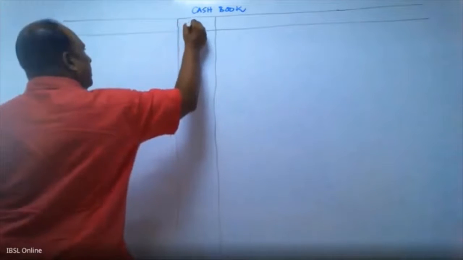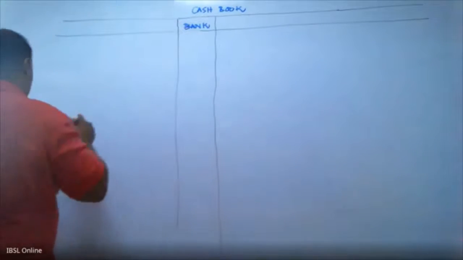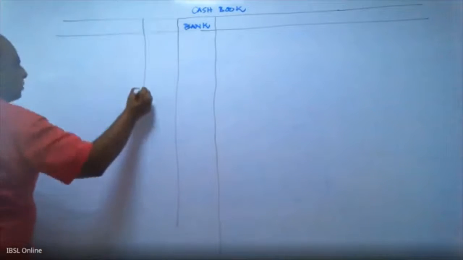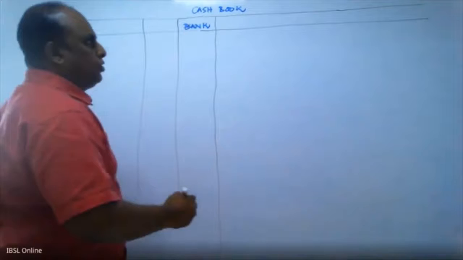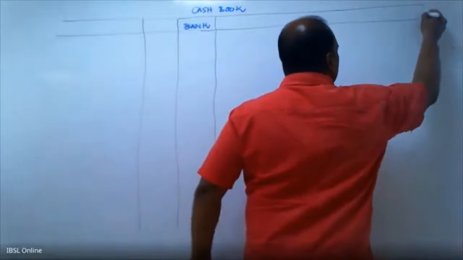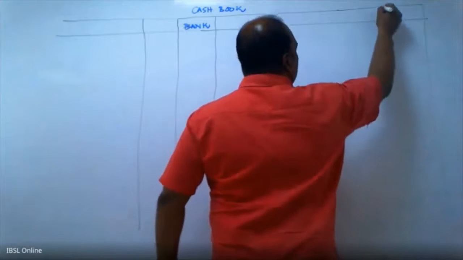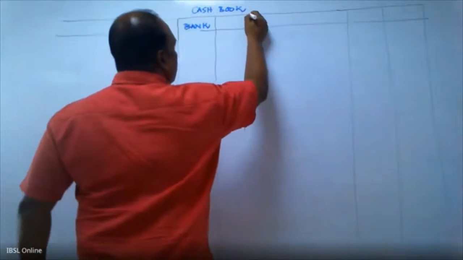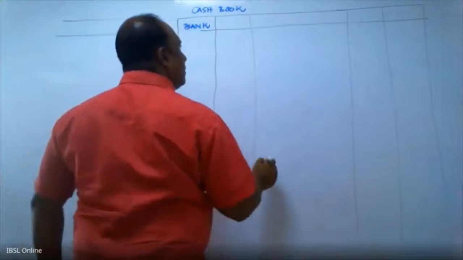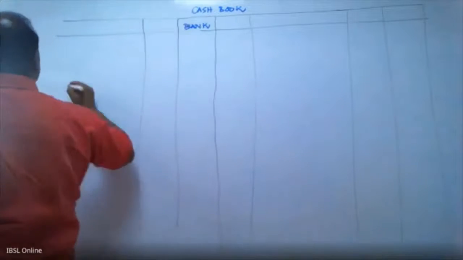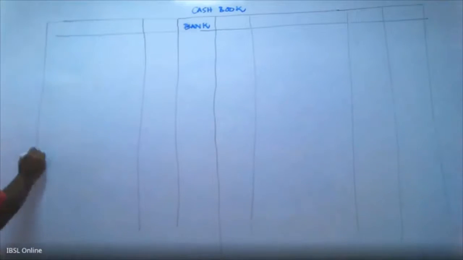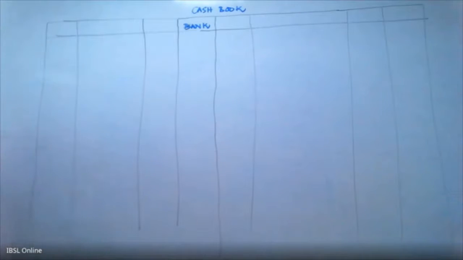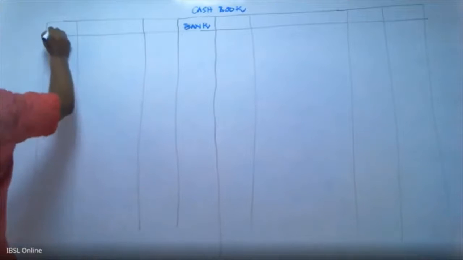So the bank, the cash, bank, cash, date, particulars, date and particulars. That will be sufficient.